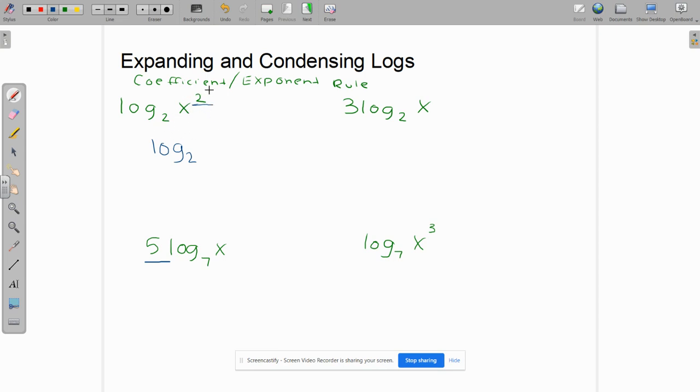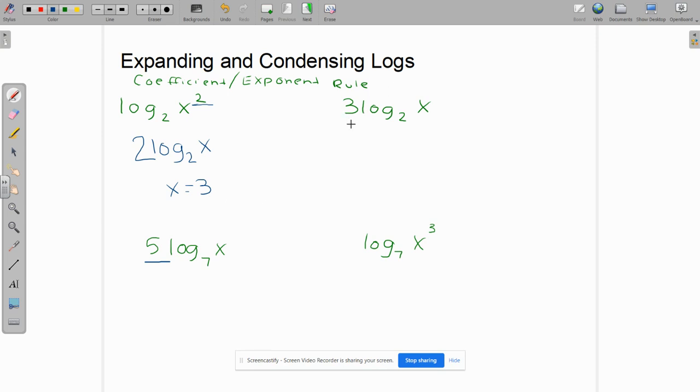Since it's to the power of 2, that's actually going to be my coefficient. So it's 2 log base 2 of x. You're taking this exponent that's attached to the x squared here, and basically just putting it in front. Now, if you were to plug in a value for x, say x equals 3, go ahead and plug both of these into your calculator, and you should get the same answer.